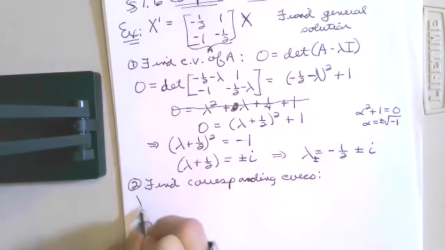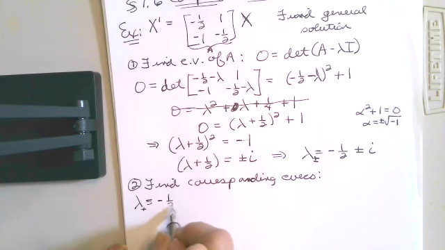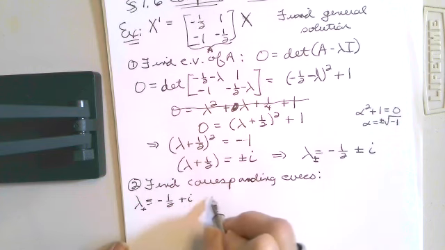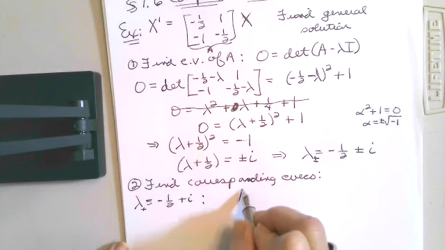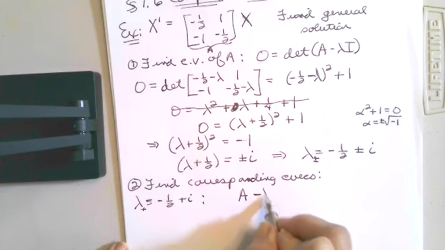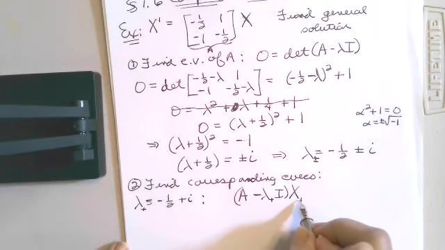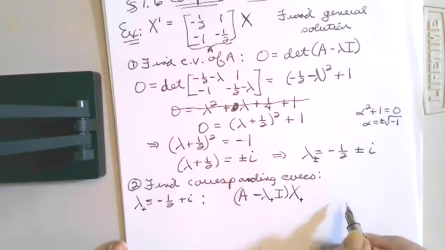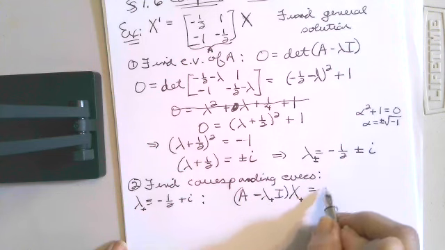Let me take lambda plus, which is minus 1/2 plus i. Now what we have to do is look at A minus lambda plus times the identity, times x plus, the eigenvector corresponding to lambda plus, equals 0.